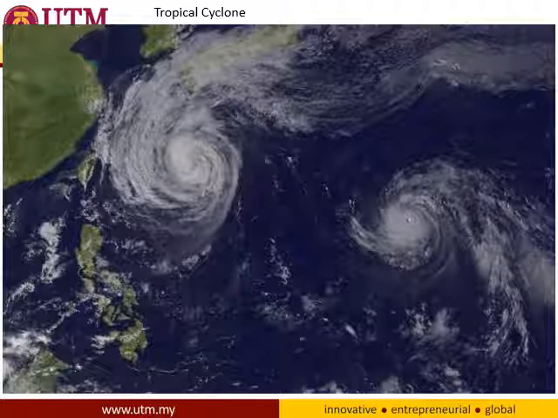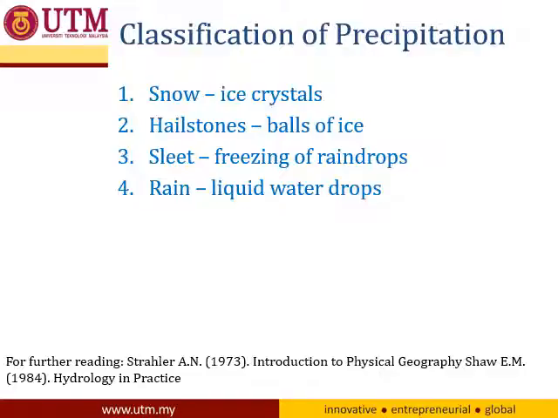The Pacific Ocean usually generates these tropical cyclones. The word tropical cyclone is used by the United States, but in Asia we use the word typhoon. So it's the same thing. So we have seen the types of storm. Storms may be small scale or larger scale.